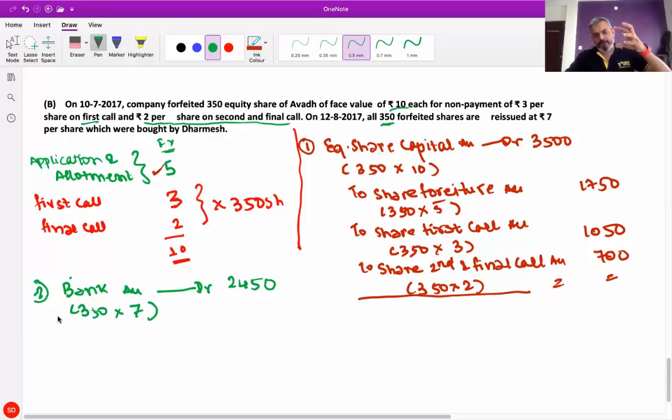Now 10 rupees per share we are reissuing at rupees 7. So 3 rupees is the discount what we will give from share forfeiture account.